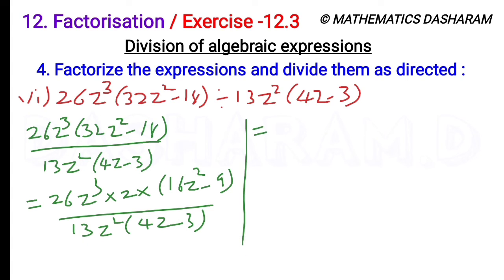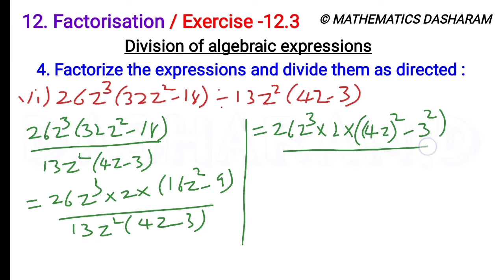So it equals 26z cube into 2 into 16z square means 4z whole square and 9 means 3 square by 13z square into 4z minus 3. 13 ones are 13, 13 twos are 26, and z square and z cube will get cancelled.